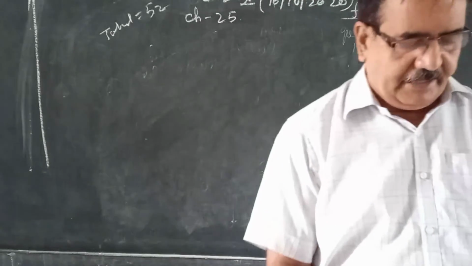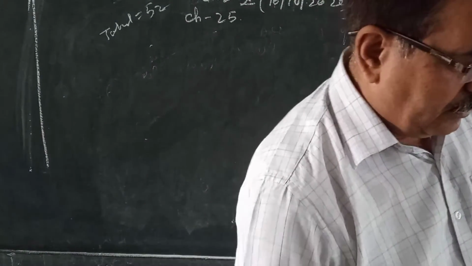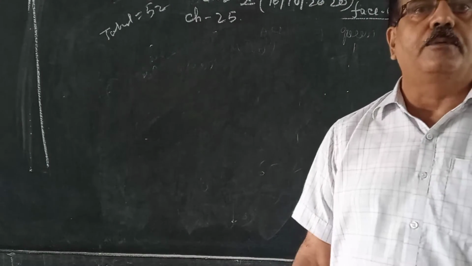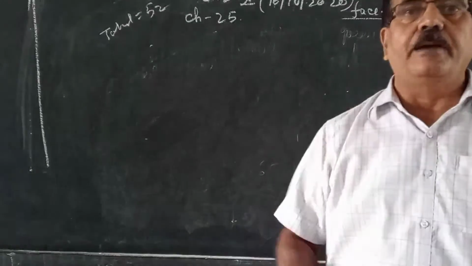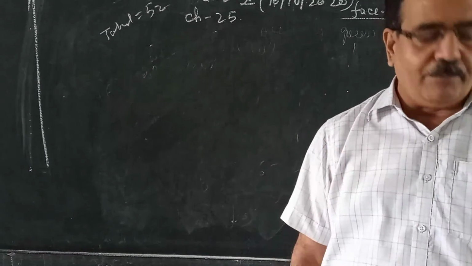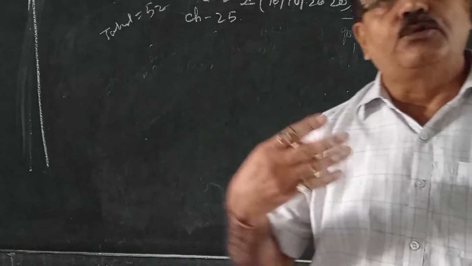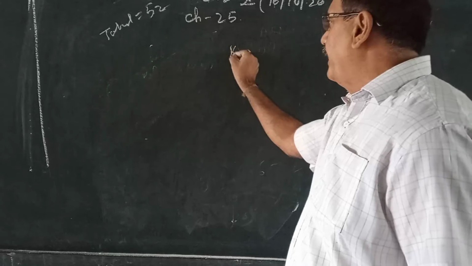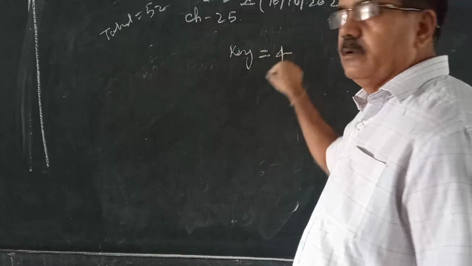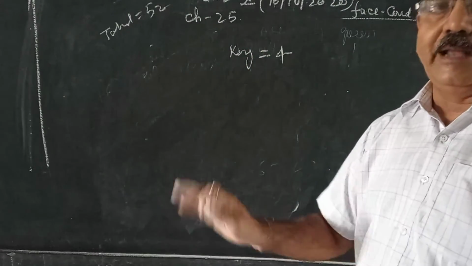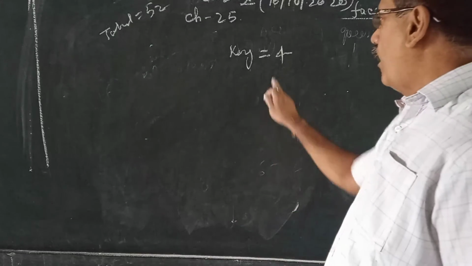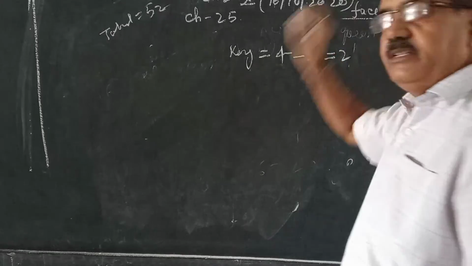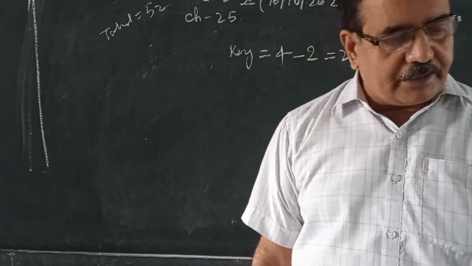Second question, a king. 2 kings from the black are removed, 1 from spade and 1 from club. So only 2 kings are left in the red, one in heart and one in diamond. The total number of kings is 4 in all cards. Out of 4, 2 of the black are removed, so only 2 are left.